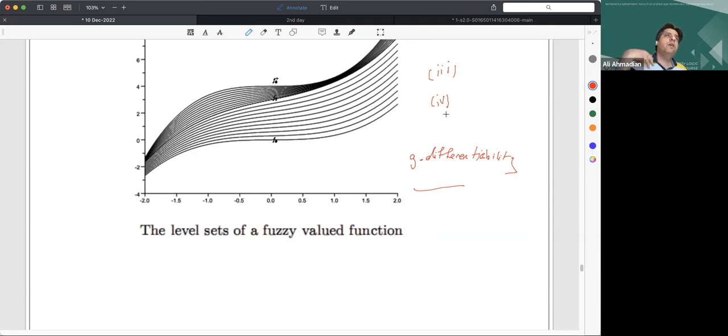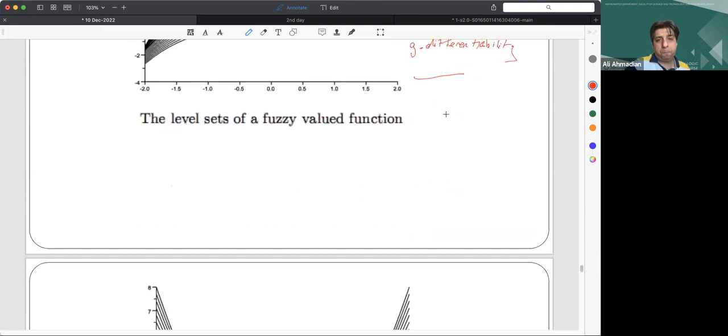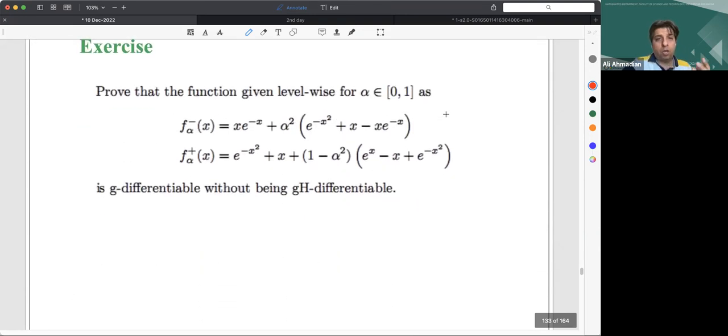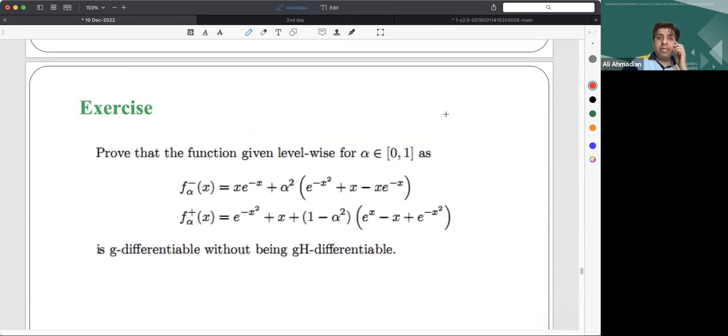But if I want to develop new concepts for the theory of fuzzy differential equations, yes, then I need to have knowledge about the G difference or generalized difference and generalized differentiability and so on, depending on the level that you want to work. For example, here, I provided an example.